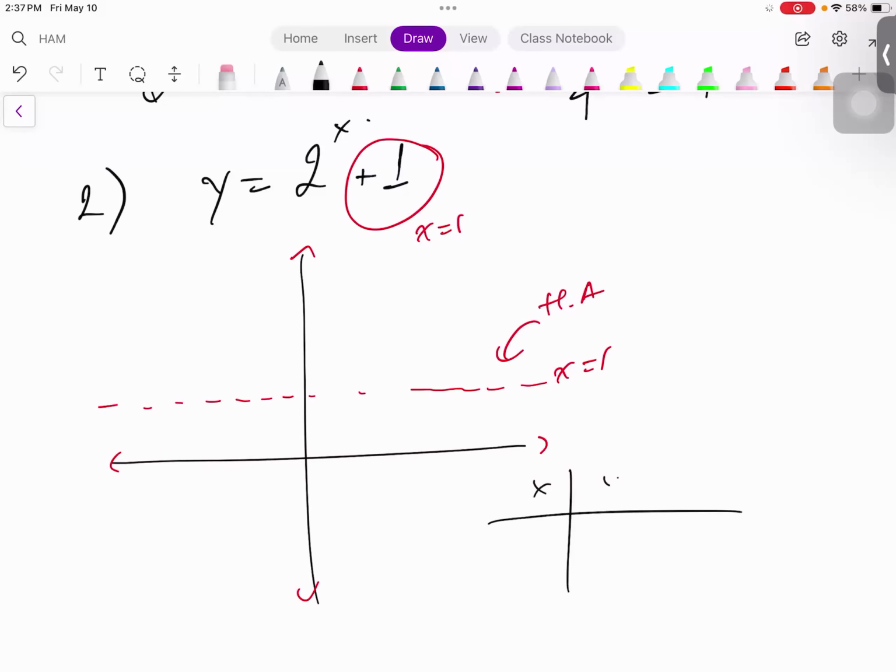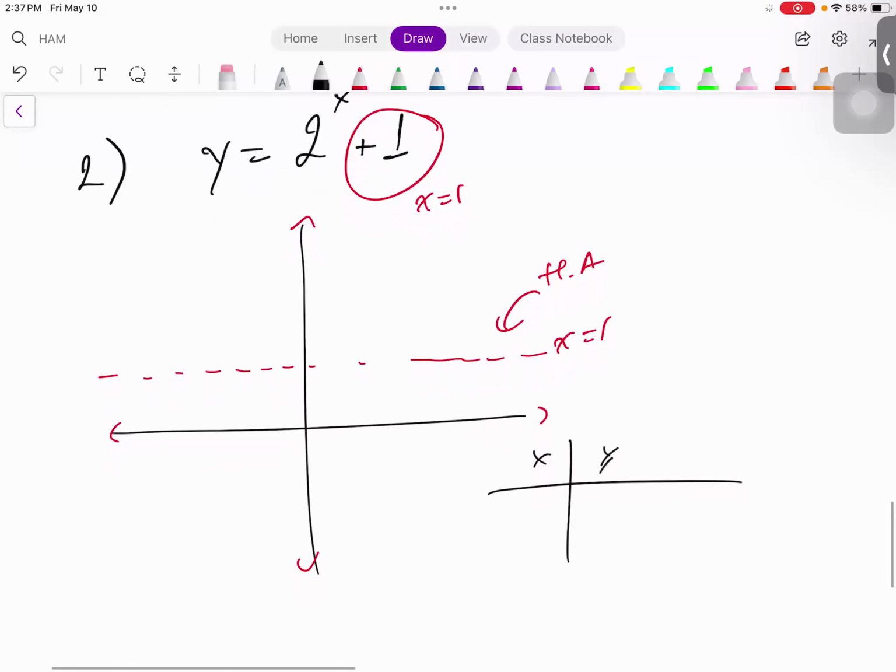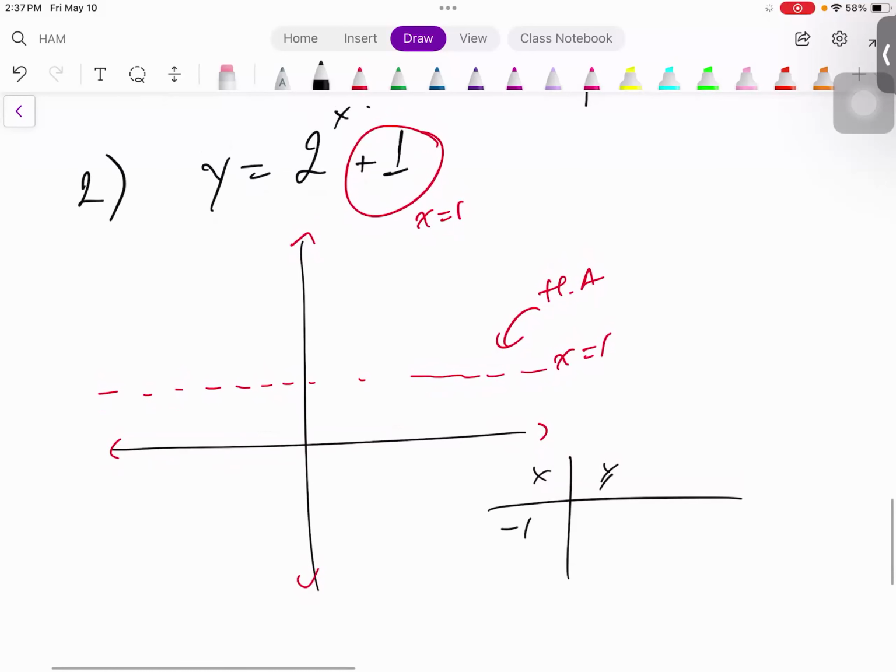Now T table, what point do you want to choose? -1. What else? 0 and 1. Okay. So if I plug in -1, let's see, what do I have? -1 here, +1. What is 2 to the -1? 1/2. Okay. 1/2 plus 1 is 1.5.